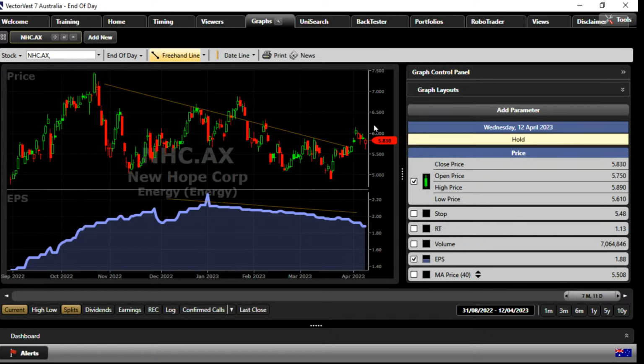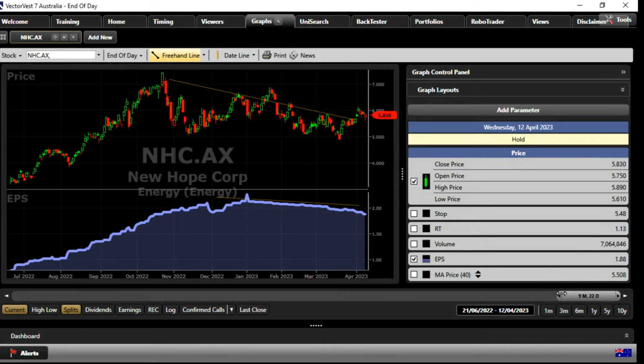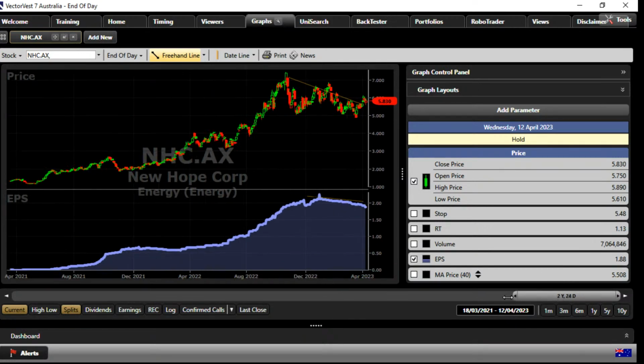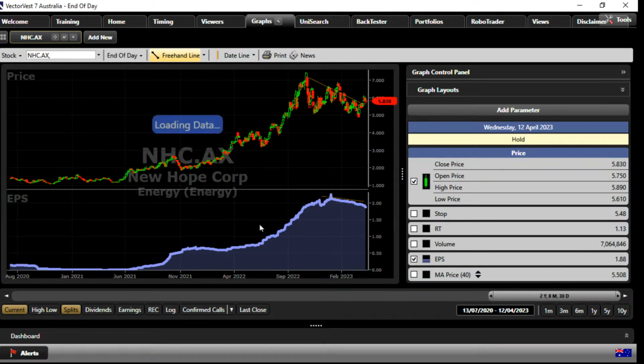You'll be getting gyrations at the moment as it falls, but the pattern is continuing to fall as the earnings fall. So just be mindful of that. We want those earnings to start turning around again. Here, the earnings are going up, share price going up. Here, the earnings start going down, and the share price is starting to go down with those earnings going down.